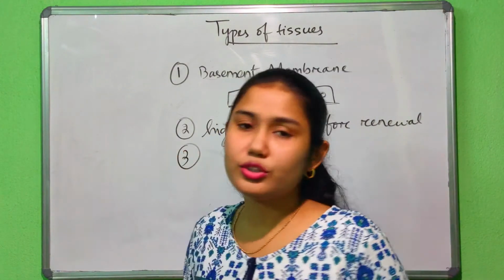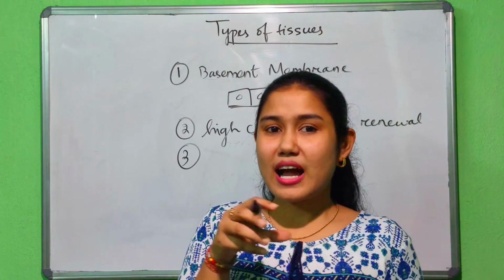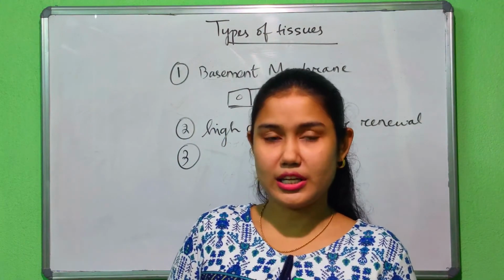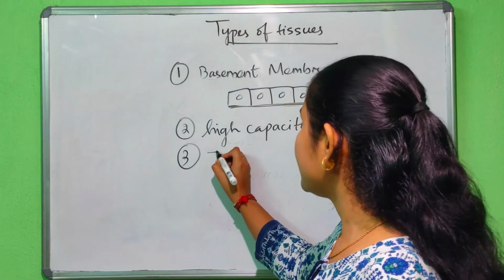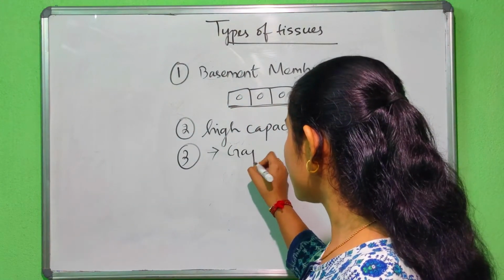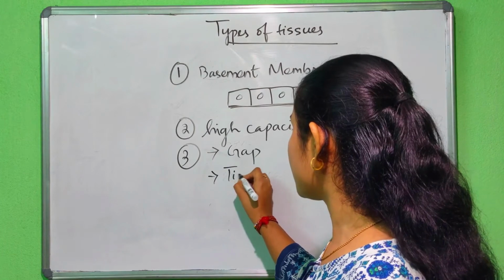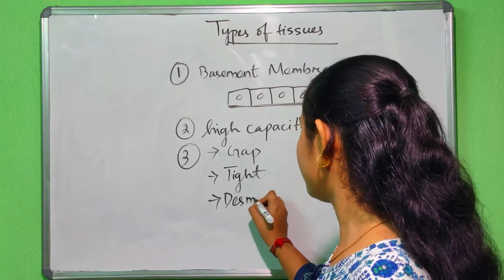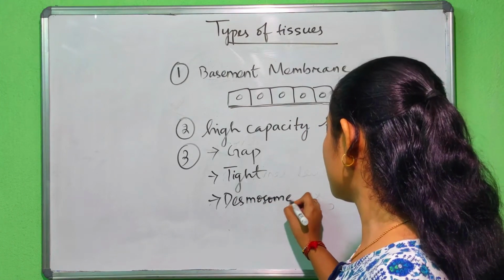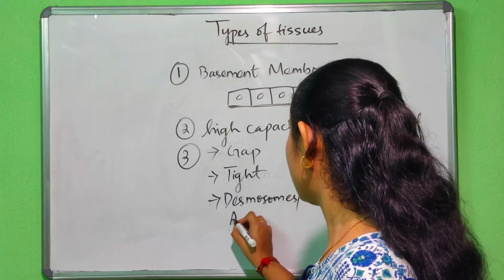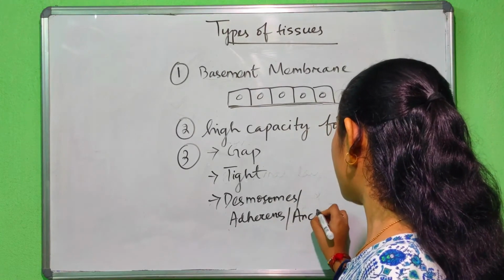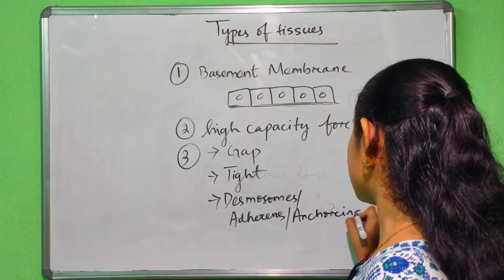Now come to the third point. There are some cell junctions found between the cells of the epithelial tissues. Mainly there are three junctions: gap junctions, tight junctions, and desmosomes, also called adherens or anchoring junctions.